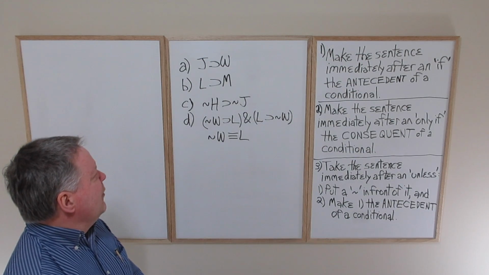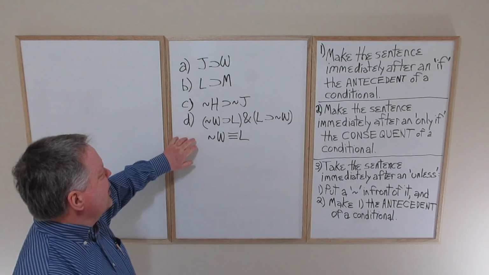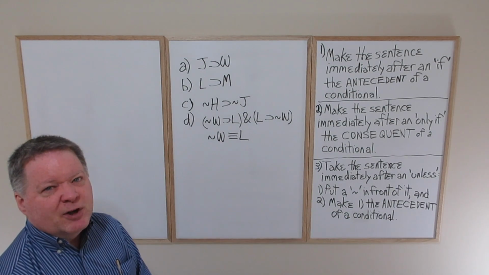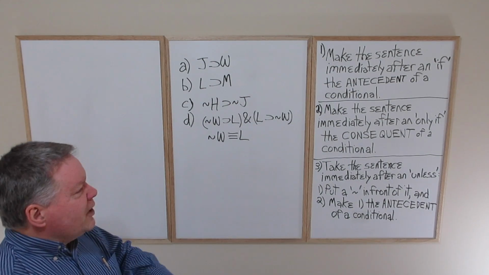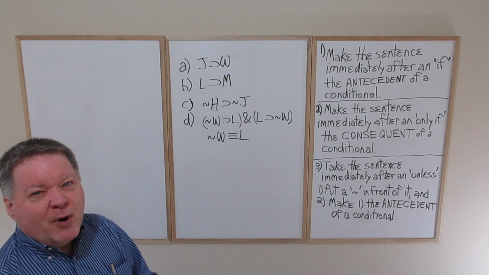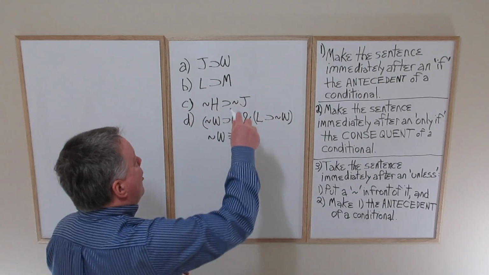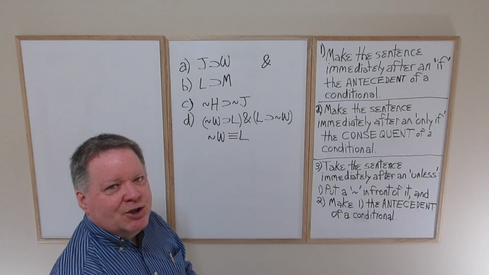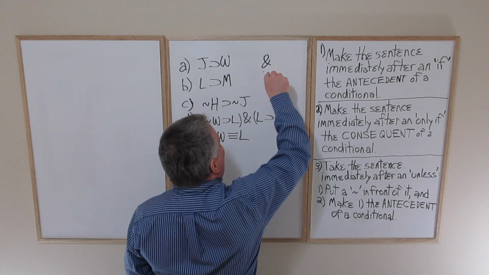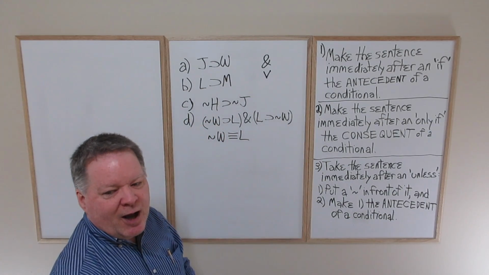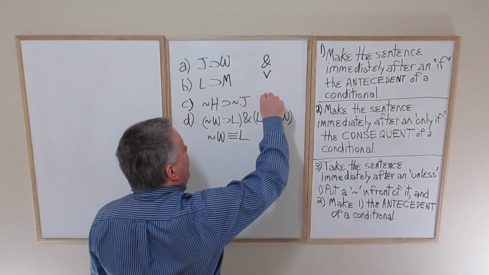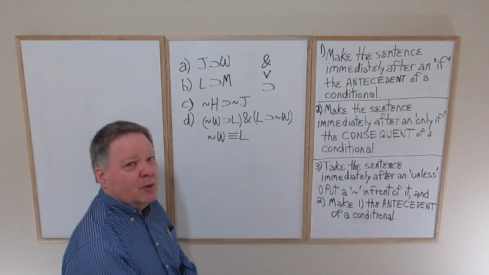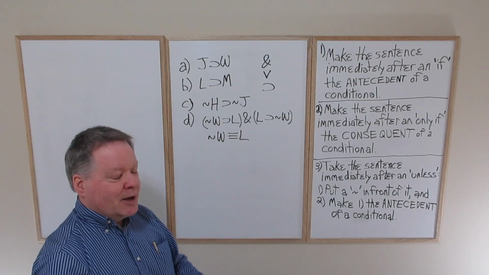So that's the biconditional. It doesn't come up nearly as frequently. So the three most important binary connectives are the ampersand, which indicates a conjunction, the vel, which indicates a disjunction, and the horseshoe, which indicates a conditional.